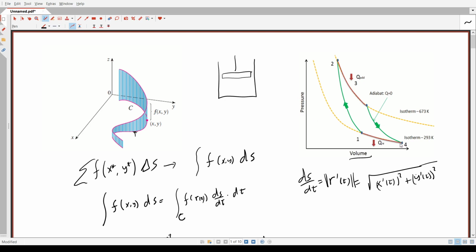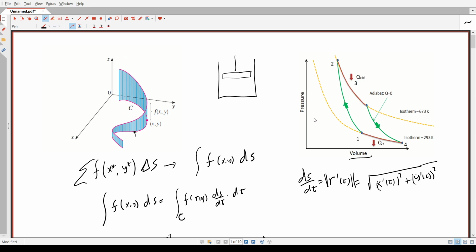So here, basically, if you were to integrate the temperature along this curve, it would tell you how much heat is being generated or put in or taken out from this system. So that's exactly what this would correspond to.